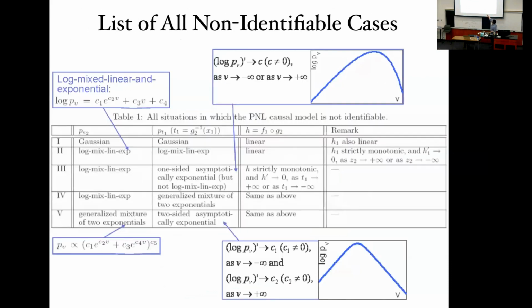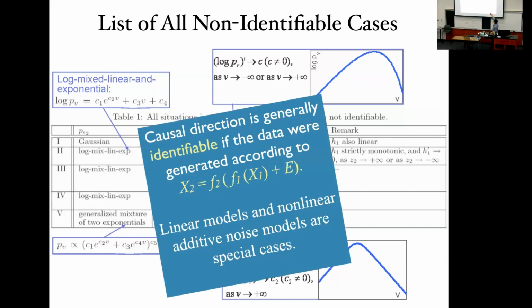You can see the symmetry because all those 5 situations are unidentifiable situations. However, in the other direction, the function is not linear. To conclude, generally speaking, even for data generated by this very flexible model, the direction is identifiable. You can see the asymmetry.